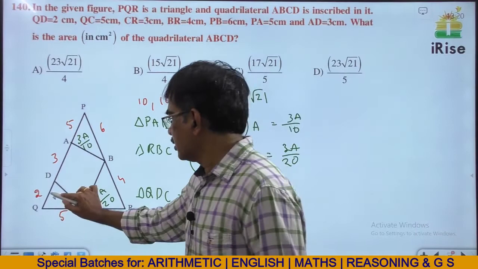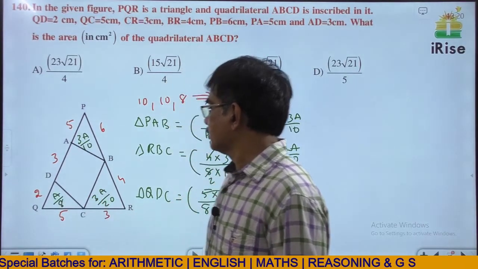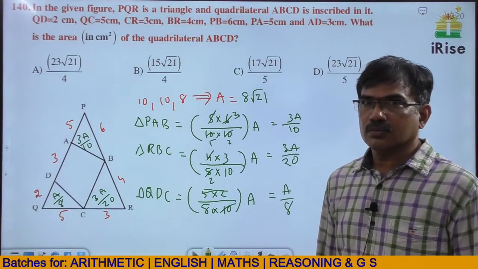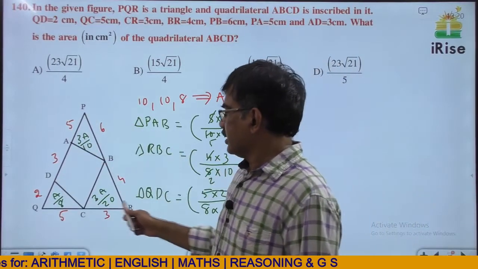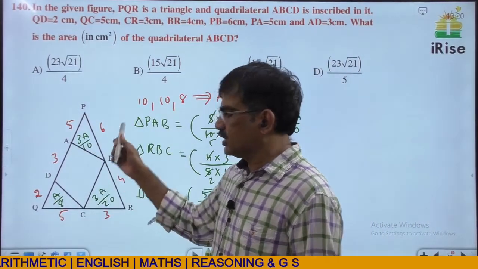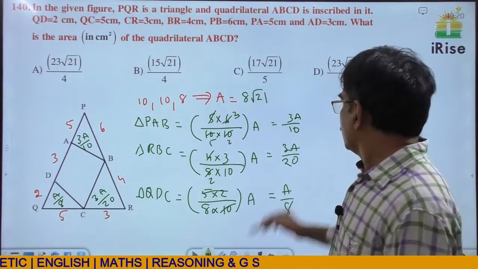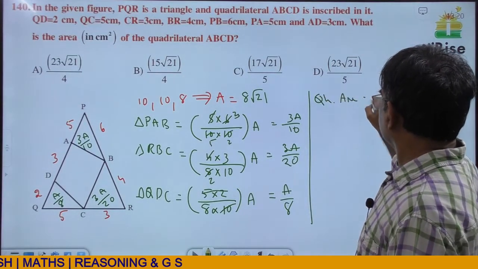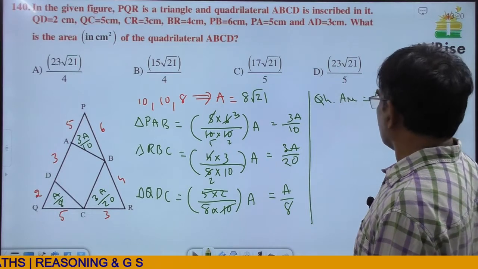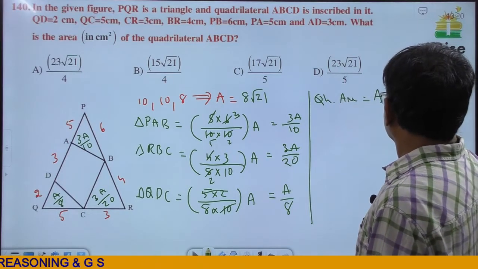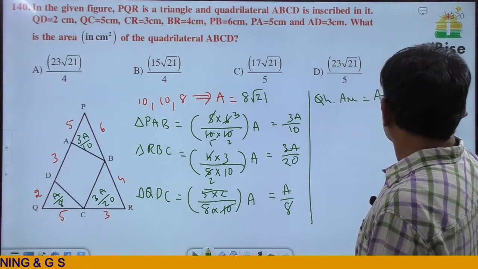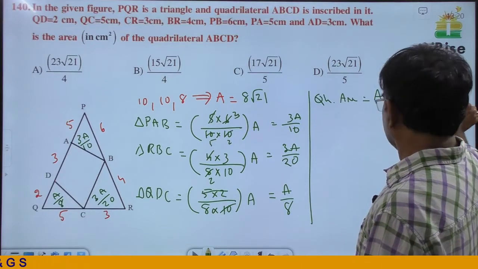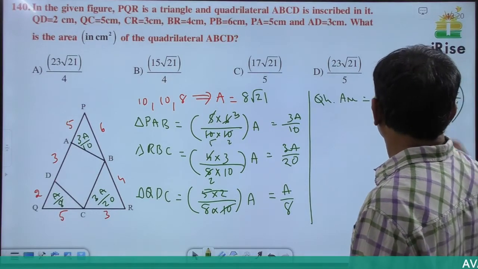This part is A by 8. So total area minus these three areas is the quadrilateral area. Therefore quadrilateral area is equal to A minus of 3A by 10 plus 3A by 20 plus A by 8.